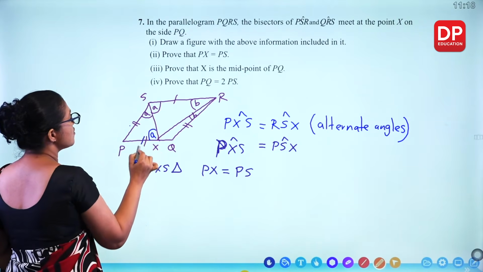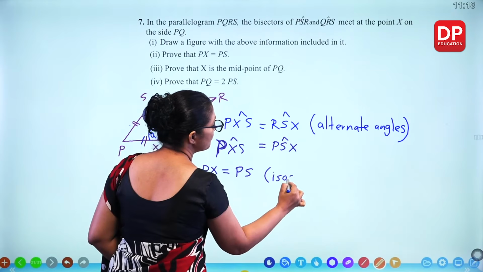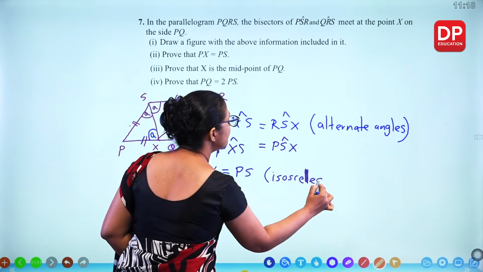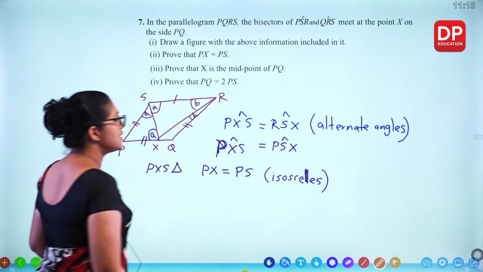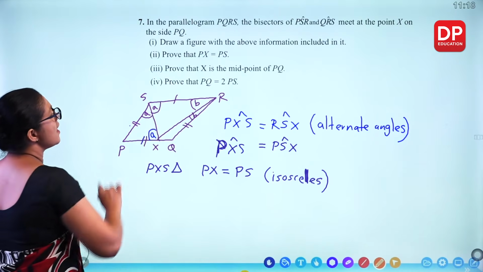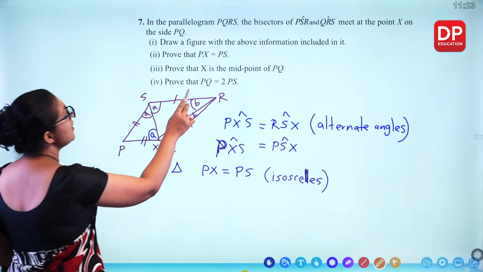This is an isosceles triangle. So first part we proved.